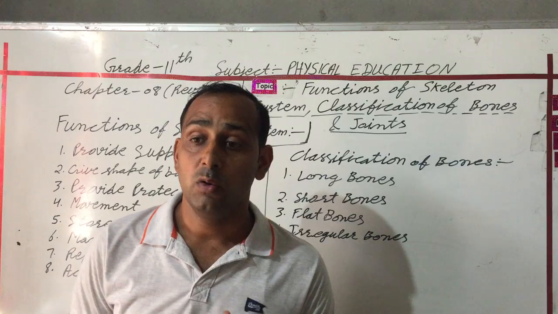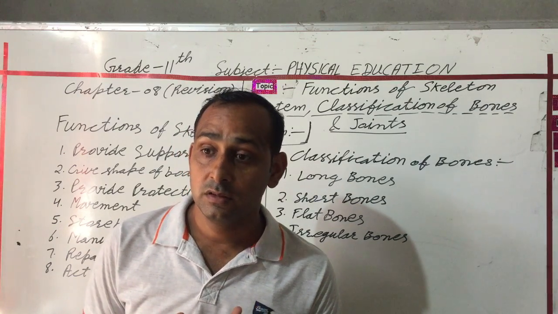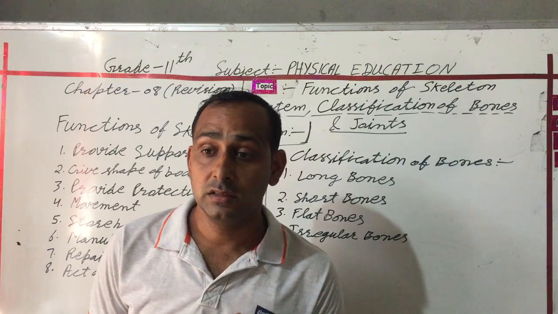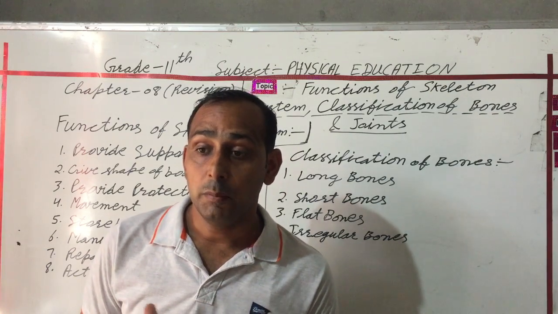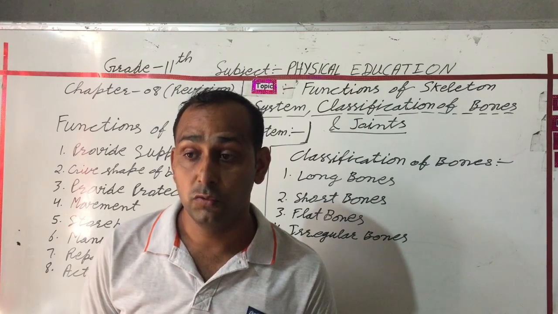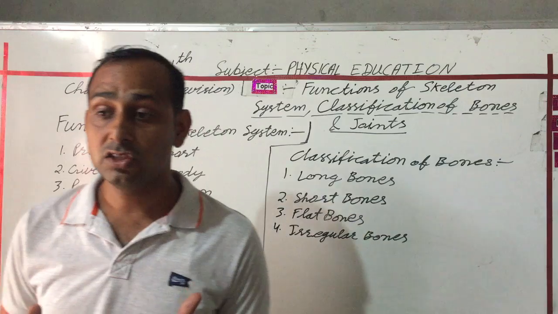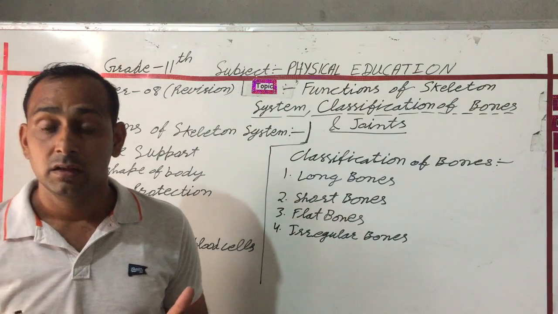First is the bones of the upper extremities. In the upper region, the number of bones is 64. It includes bones of the shoulder, wrist and hand.